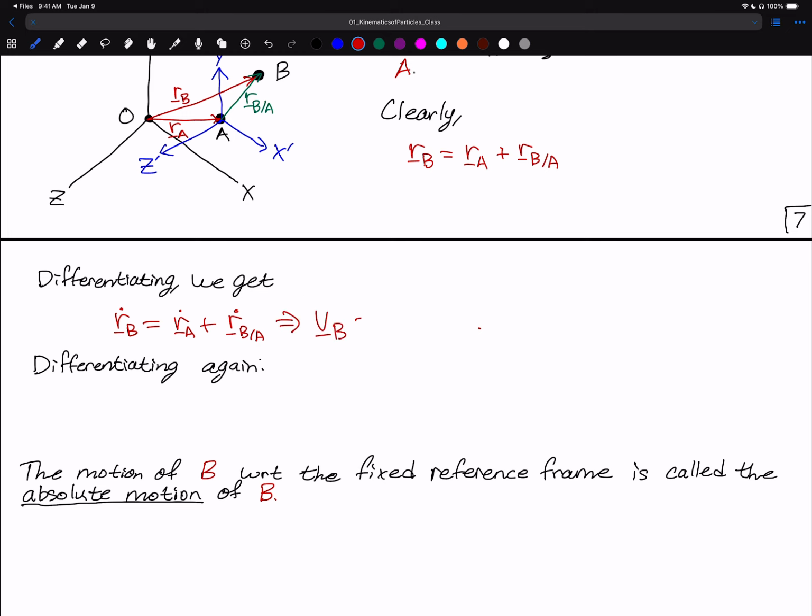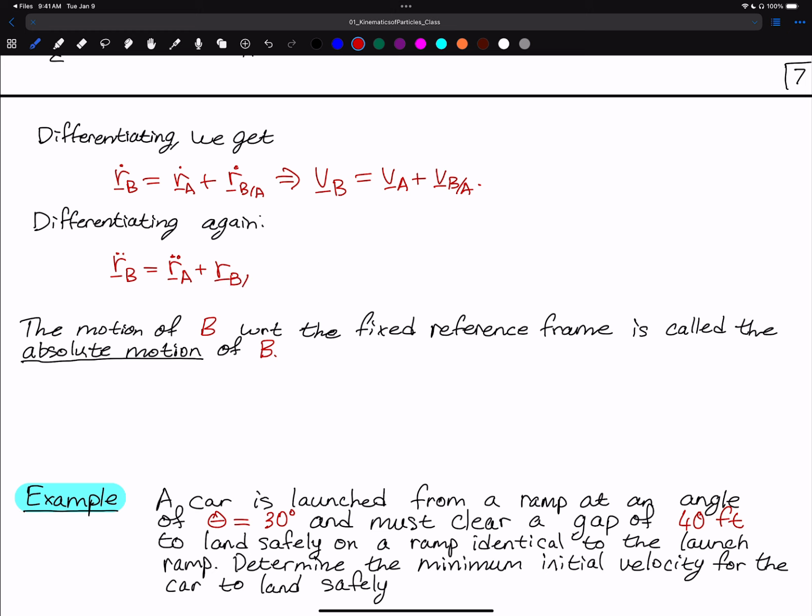Okay. If we go ahead and we differentiate again, we're then going to find that r_B double dot here is equal to r_A double dot plus r_B/A double dot.